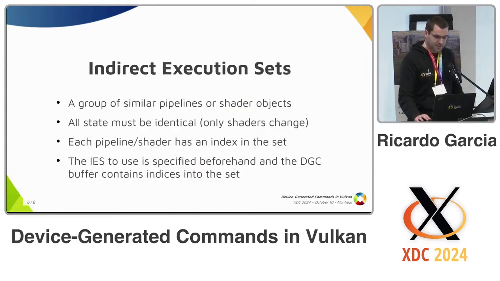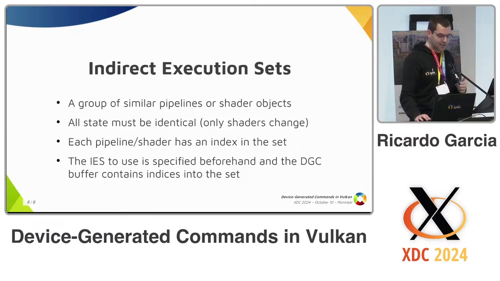Something that's optional, and not every implementation is going to support, is being able to switch pipelines or shaders on the fly for each sequence. In implementations that do allow you to do this, you have to create something called an indirect execution set, which is like groups or arrays of pipelines that are more or less identical in state, and basically only differ in the shaders they include.